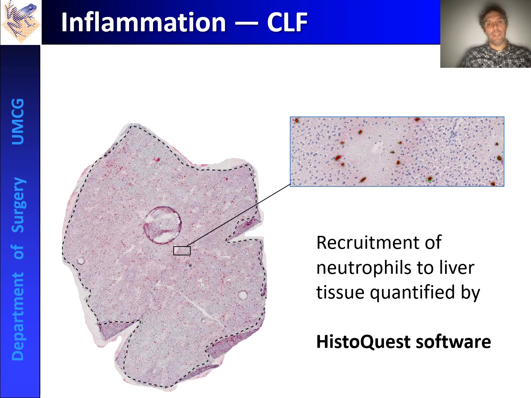This was very labor intensive, and in this study this was made much easier by using HistoQuest software. This enabled digital recognition of single neutrophil cells in the midst of the total cell population, as you can see here marked by green lines. And by making use of an ingenious gating method, this neutrophil population could be separated from the total cell population.